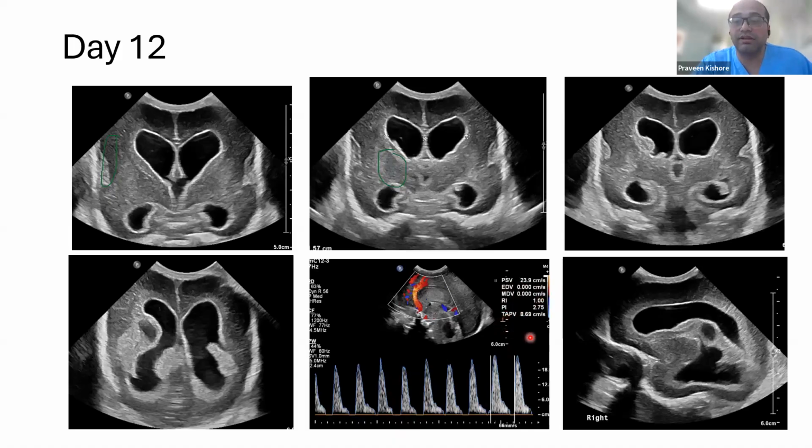I have to say that this baby did have a large PDA, which was treated with paracetamol, but that could also be contributing to the lowered cerebral perfusion pressures and reduced end diastolic velocities. And on the right, you can see that there is blood, but it is starting to organize here in the lateral ventricles.